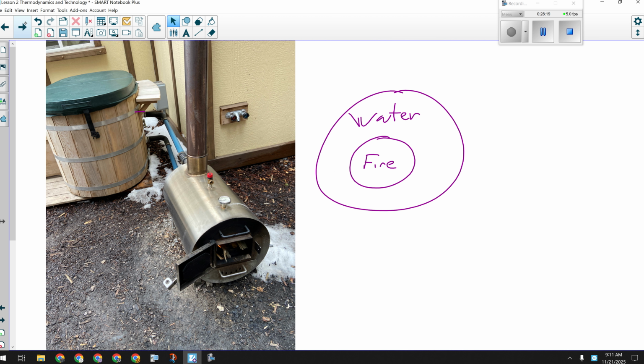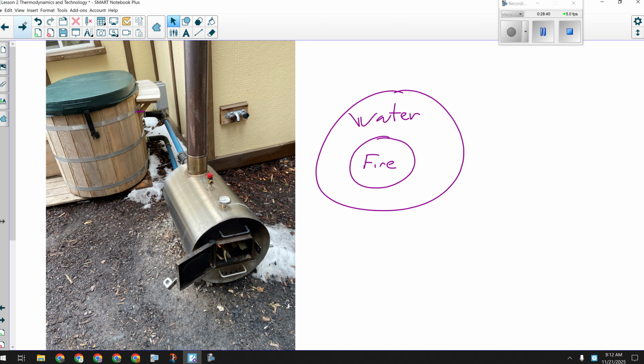Now, here's another example of sort of a heat engine, using the second law of thermodynamics. This is a hot water heater for a little hot tub, but you use a wood fire to make it work.